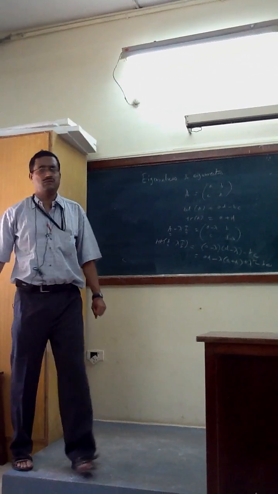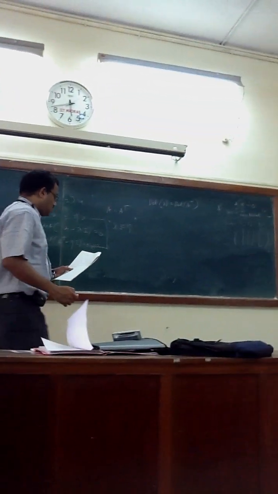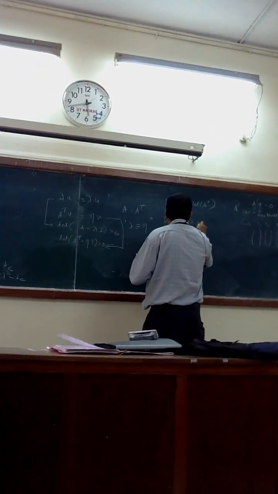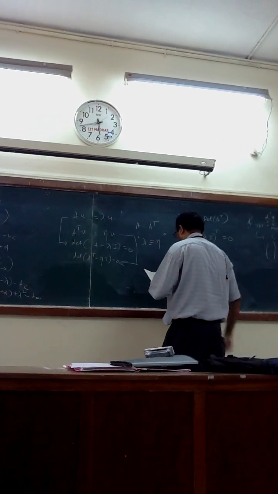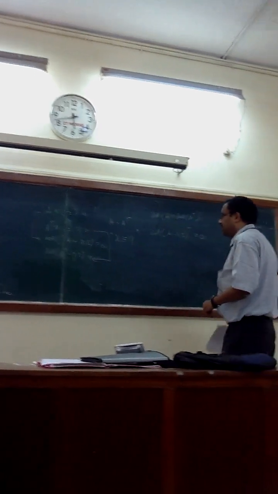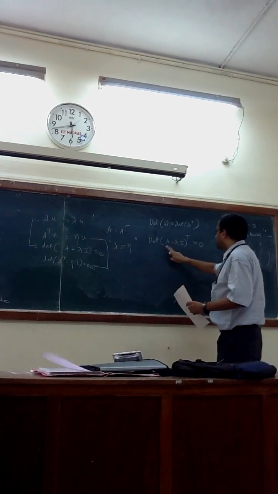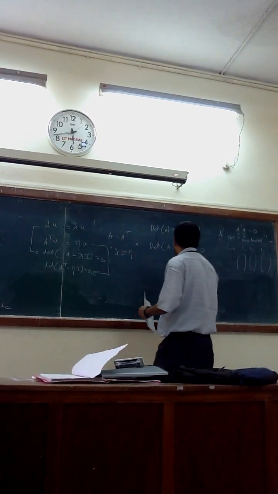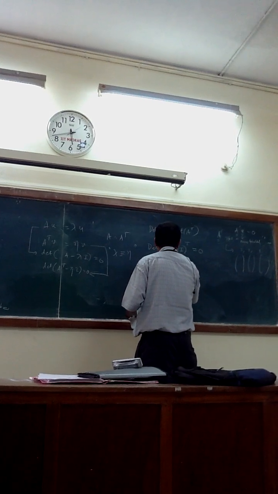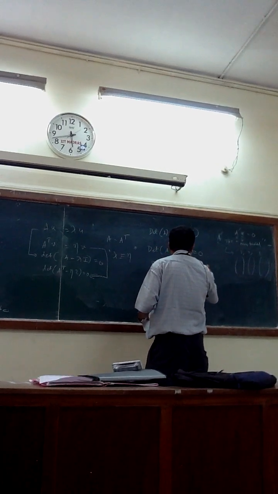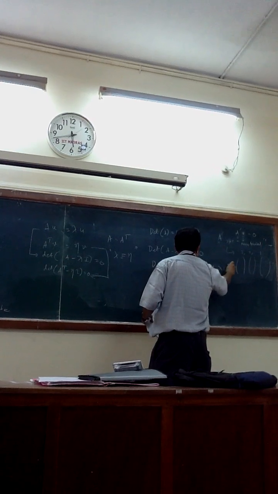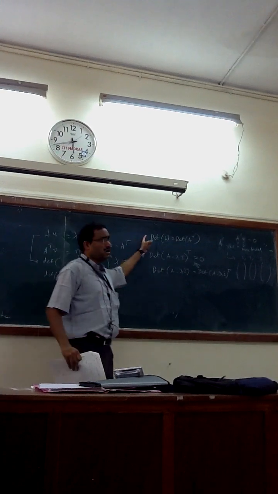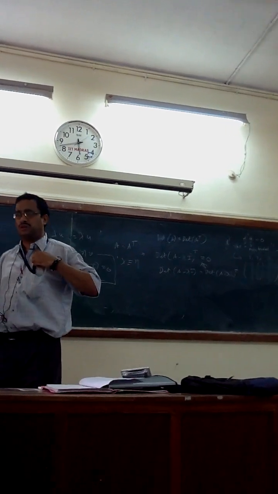So determinant of A minus lambda I is nothing but determinant of A minus lambda I transpose. Any determinant is equal to its transpose determinant.